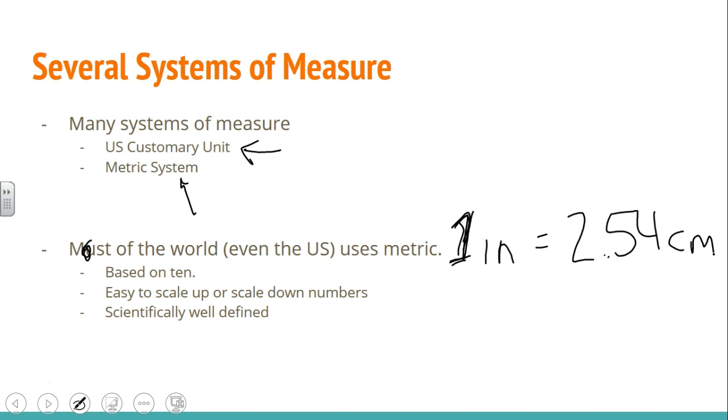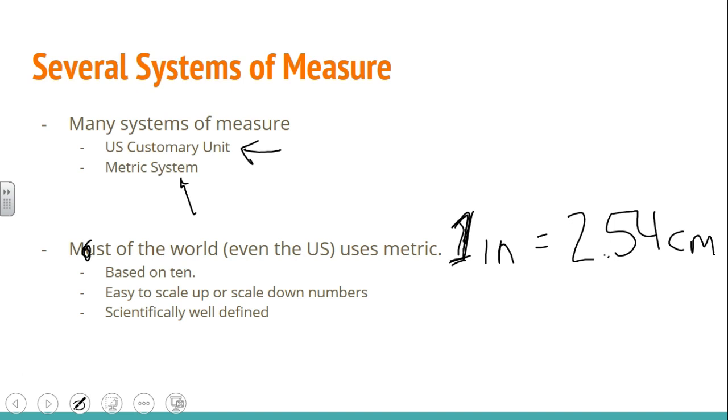But the metric system is really beneficial because it is based on 10, which allows conversions very easily. And because it's based on 10, it's easy to scale numbers up and down. We'll talk about that at the end of this video. The other thing about the metric system, which is good for chemistry and physics and biology, is that it's really scientifically well defined.